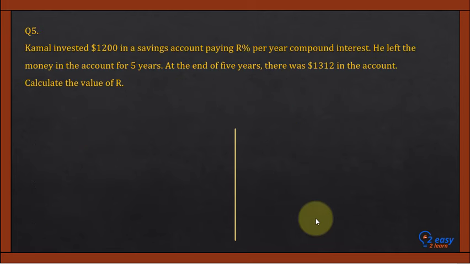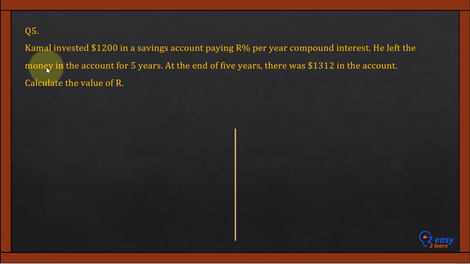Question number 5. It's a very important question, and you need to use some tricky things on your calculator. Kamal invested $1,200 in a saving account, paying R% per year compound interest. In this question, our interest rate is unknown.